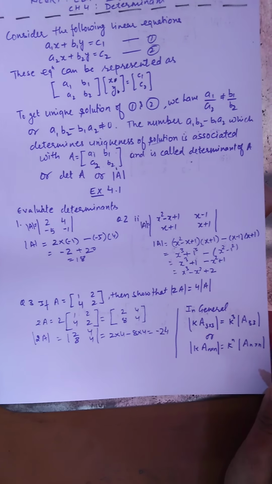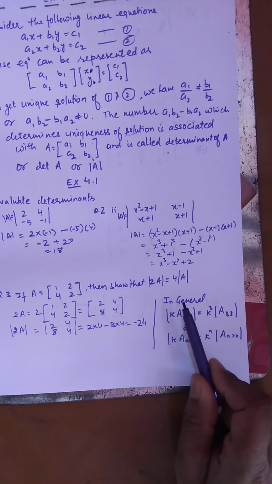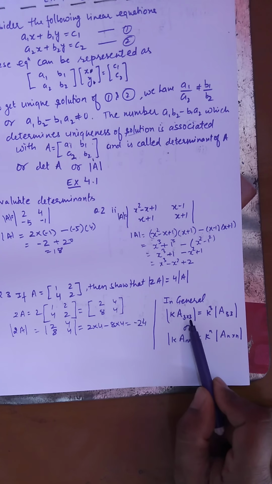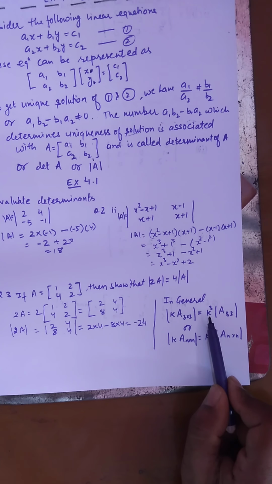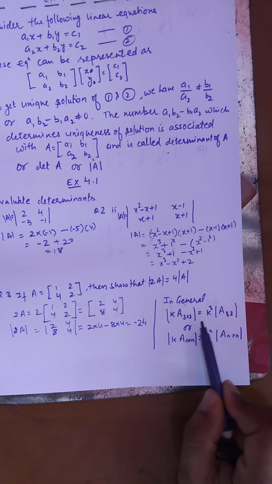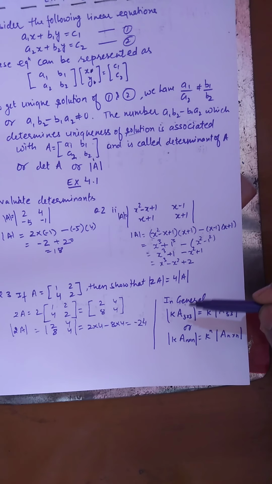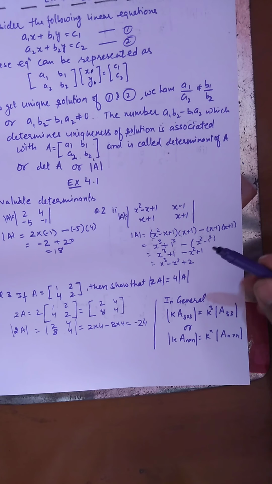Now a very important result which is generally asked for 1 mark. You remember this from your journal. If I multiply k by any 3 cross 3 matrix, then the determinant will be k cubed times the determinant of A. In general, for k A where A is an n cross n square matrix, the determinant can be written as k to the power n times the determinant of A. This is only for square matrices.